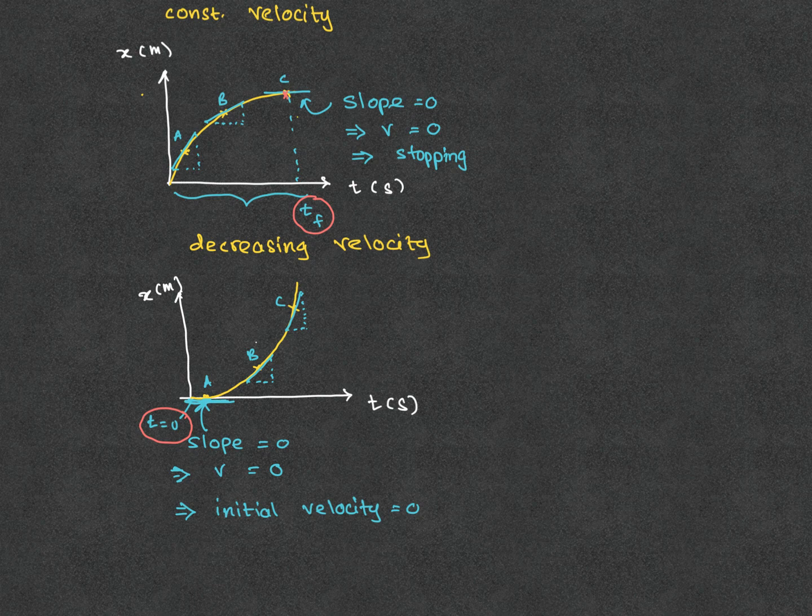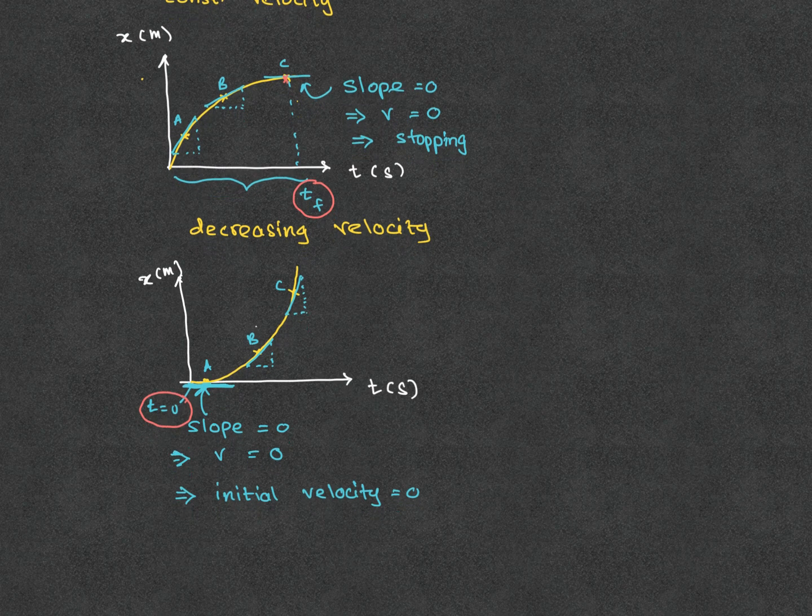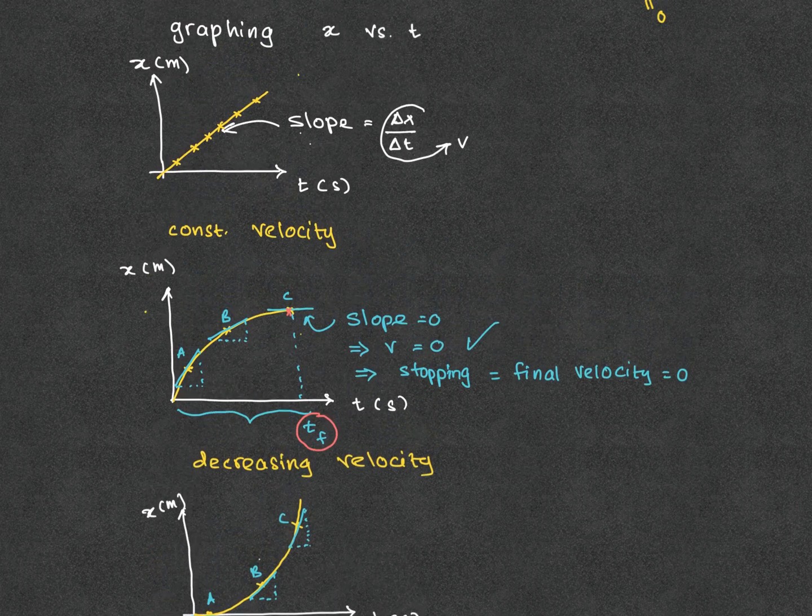T equals 0 means the initial point, and at the initial point you have a flat slope here, and that represents the velocity equals 0, just like in the previous case. But instead of calling it final velocity equals 0, here we call it initial velocity equals 0. In fact, if you like to call this final velocity, that's also fine. You can say final velocity equals 0. So these are the three graphs that you want to know.